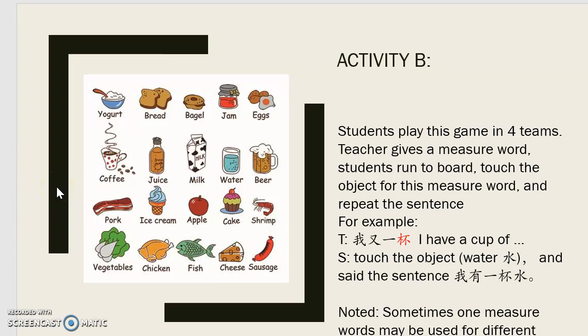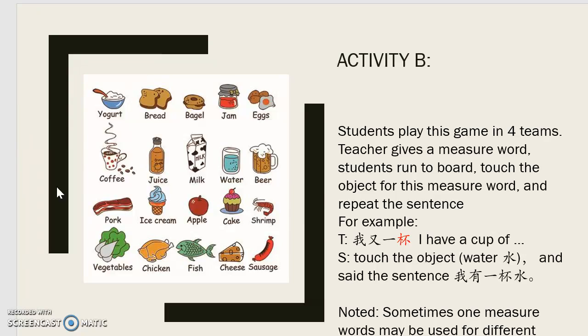For another controlled practice, I will use a fly swatter game. Students will play this game in teams, and I will give them some pictures on a board, and they will run to the board and touch the object for the measure words I gave them.